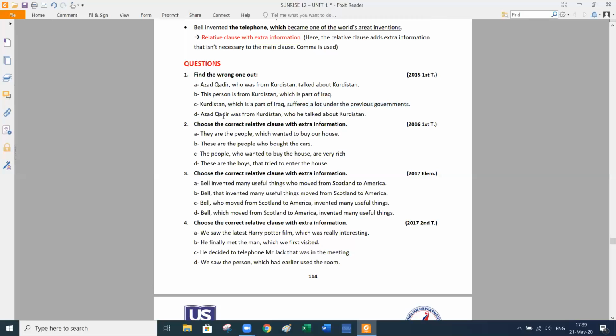Again, this sentence is correct because the main sentence, Kurdistan suffered a lot under the previous governments, is a meaningful, complete sentence. And which is part of Iraq is giving additional information only. So because Kurdistan is the subject in the sentence, it's at the beginning.